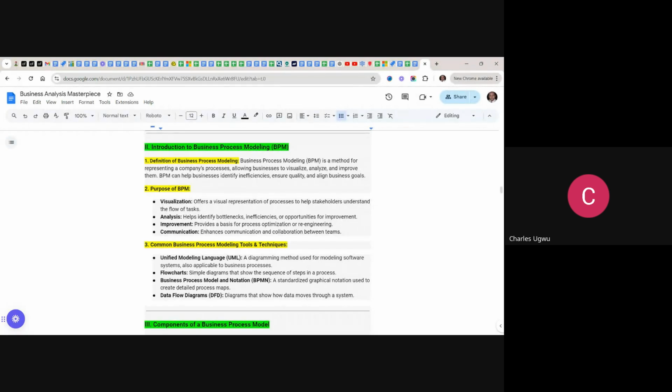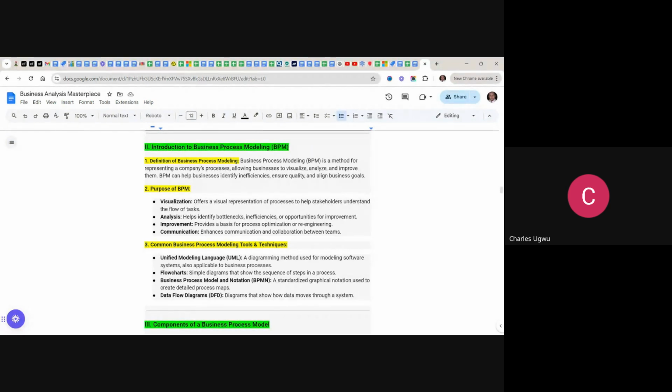And communication: enhancing communication and collaboration between the team. So it's very good for a business analyst. Once you finish capturing your requirements, you document them, then model the requirements so that you give everybody that visual effect, because business leaders tend to understand requirements more in a visual representation.